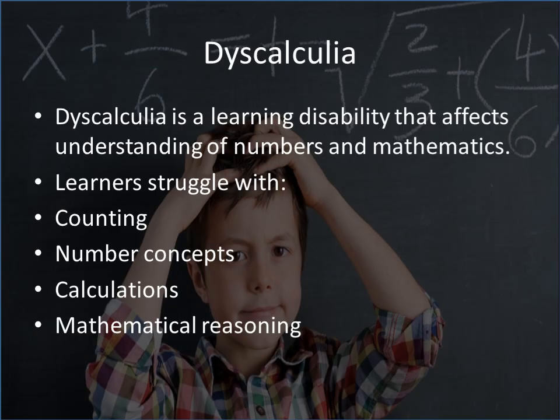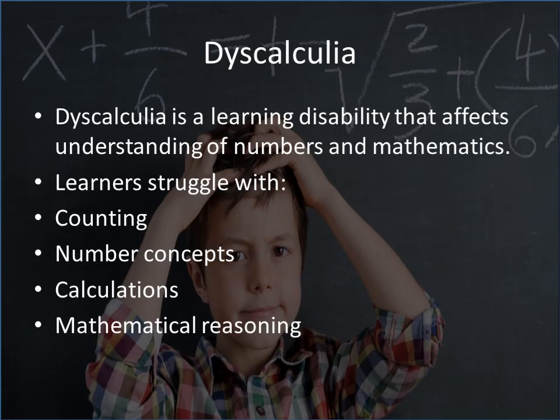So dyscalculia is a learning disability that affects the understanding of numbers and mathematics. When you notice that your child is good at all other subjects, but when it comes to mathematics, he or she has a negative attitude, we should know exactly what this is. Could it be dyscalculia, so that we can find the right interventions to help these learners?